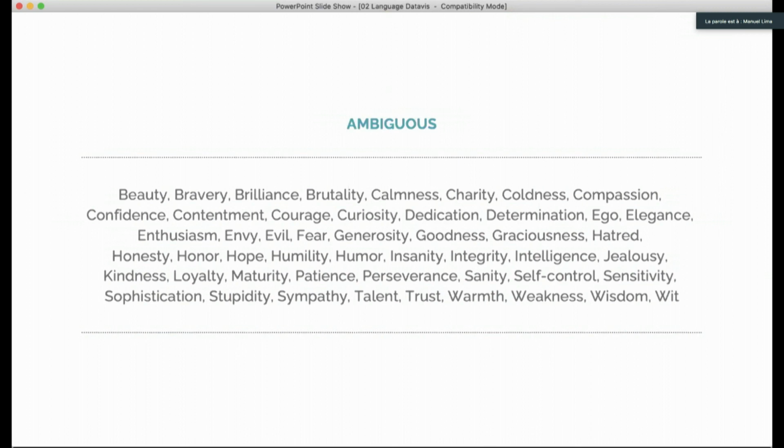And that's because when you go to more ambiguous terms, it's the ultimate Pictionary challenge, right? Things like generosity, elegance, honor, hope, loyalty, right? Talent, weakness, wisdom. How would you actually visually represent any of these terms in a meaningful way that could be easily understood by others, right? It's really, really hard. It's really challenging.